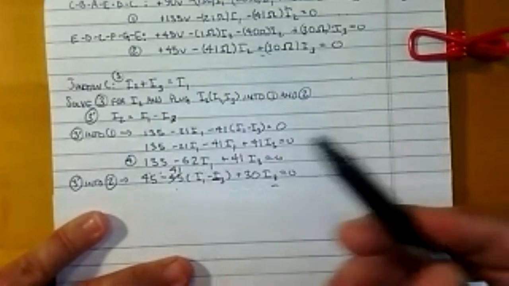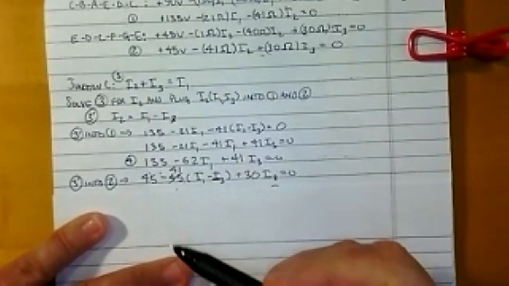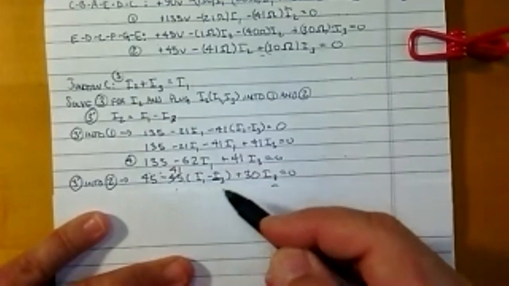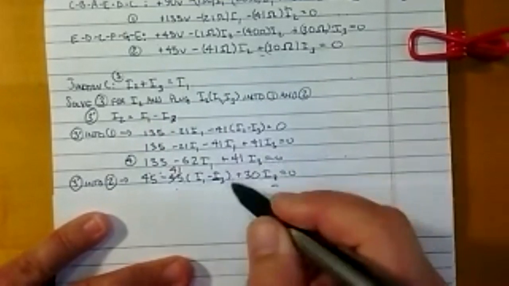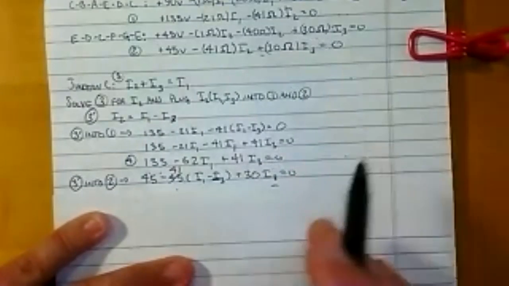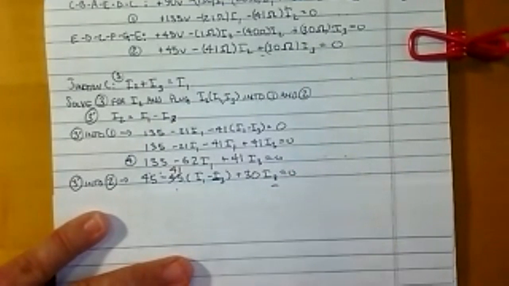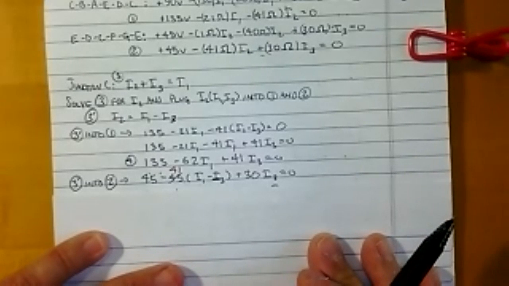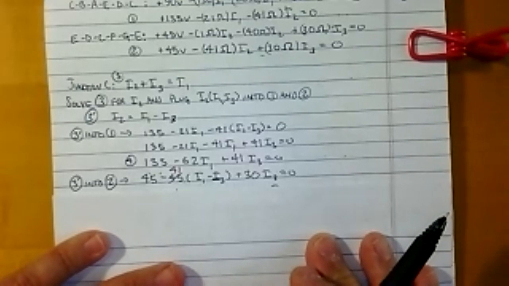So I replace I2 with I1 minus I3, close the parentheses, and then plus 30 I3, which is what we had there. Again, notice I'm just willy-nilly dropping the sig figs, dropping the units. We're just doing math right now. We're trying to make sure we don't make any boo-boos. We can always recover those units and stuff later, and I will point that out as we go.